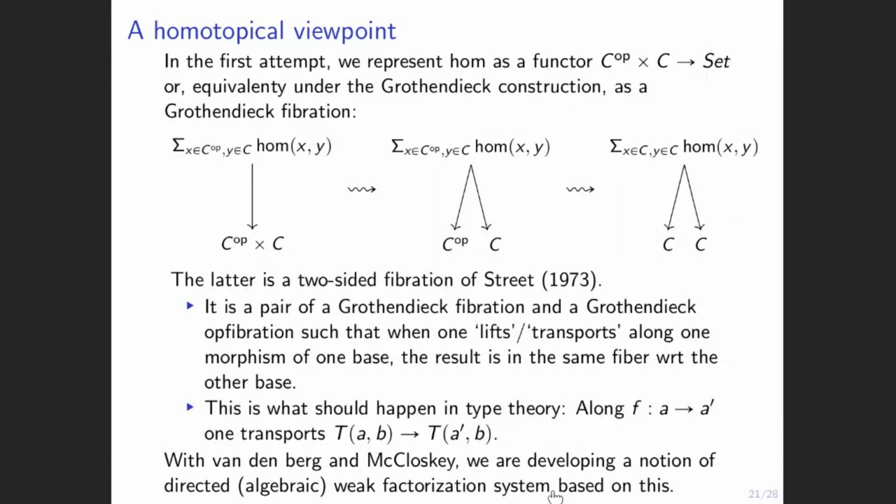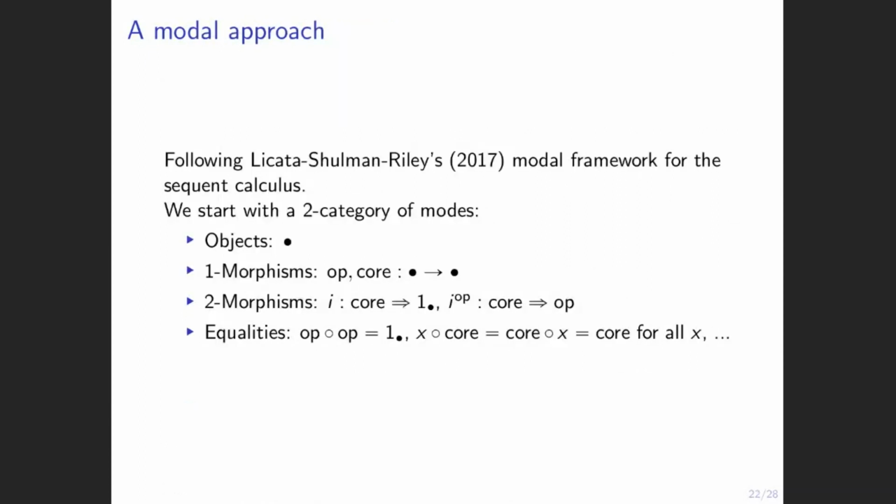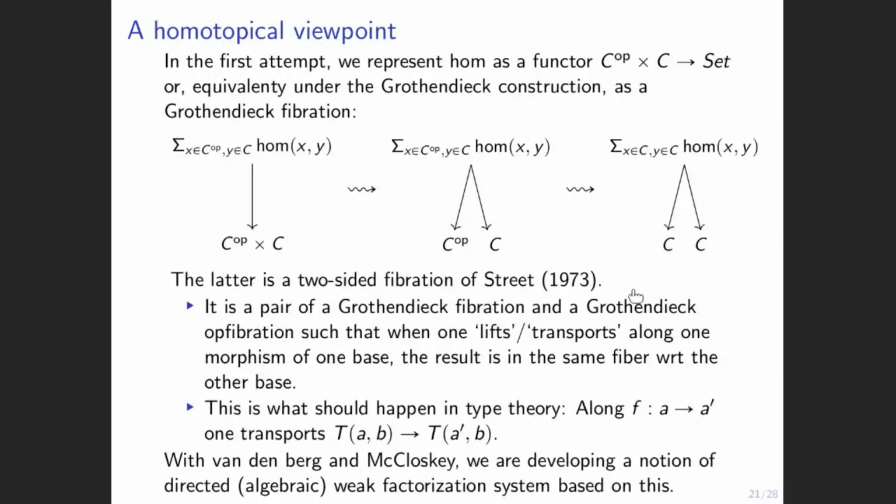I can talk a little bit more about the homotopy theory side of things if anyone is interested, but I will maybe just leave it there. Now we can start thinking about the second approach to this directed type theory, which is a little bit more complicated. Let me go back a little bit: the goal of this homotopical work that I'm doing on the semantical side is all about trying to capture what we were previously capturing with the op functor, but without using the op explicitly.